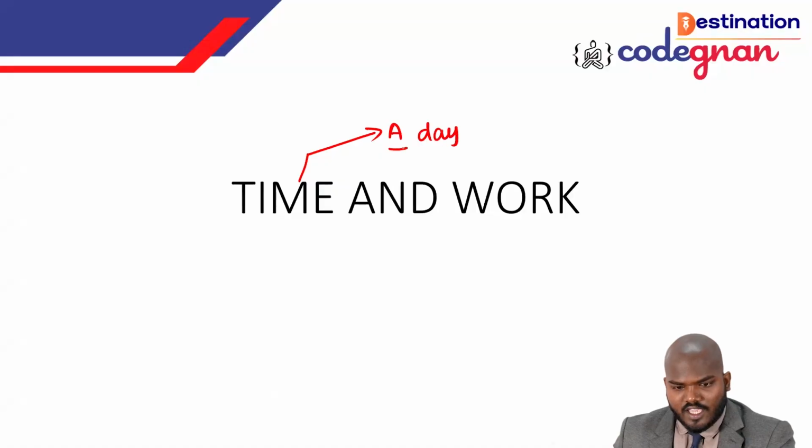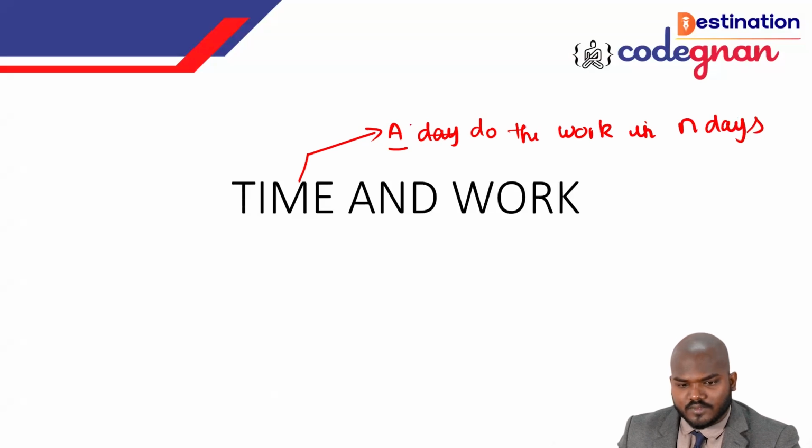A does the work in n days. This is one of the statements. The same statement I can make as: A's 1 day work is equal to 1 by n.